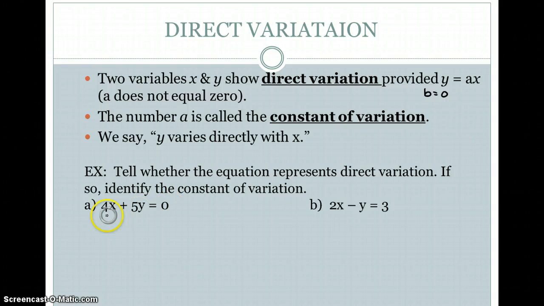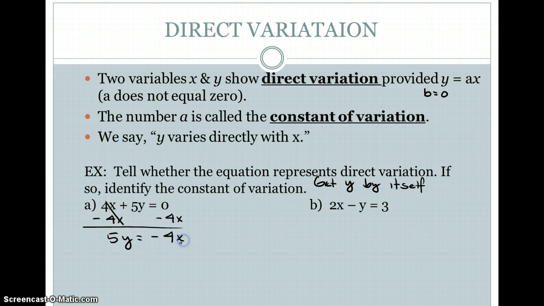In order to do that, I'm always going to get y by itself, and then I'll see if it matches up with this. So I'm going to subtract 4x from both sides, and these will cancel out, so I have 5y is equal to negative 4x.